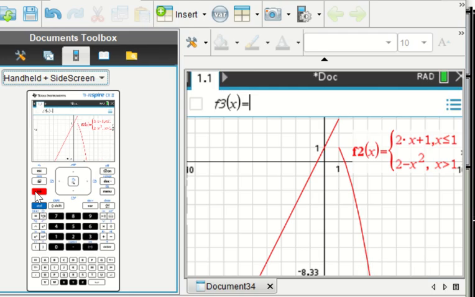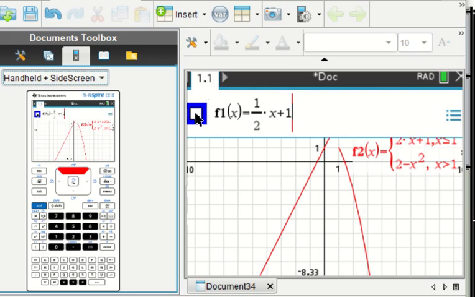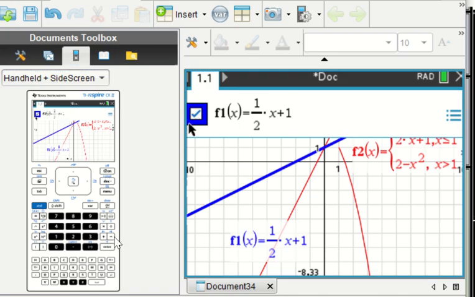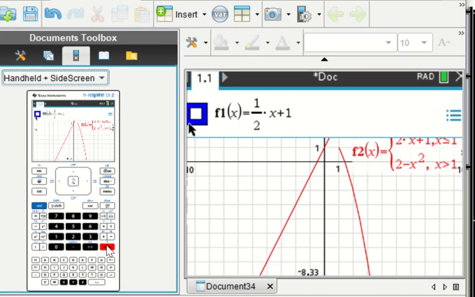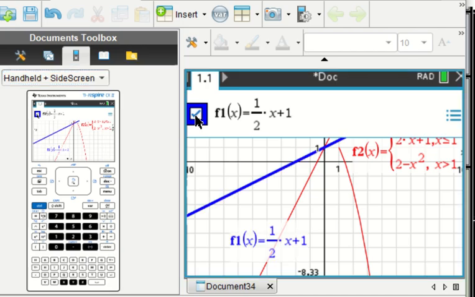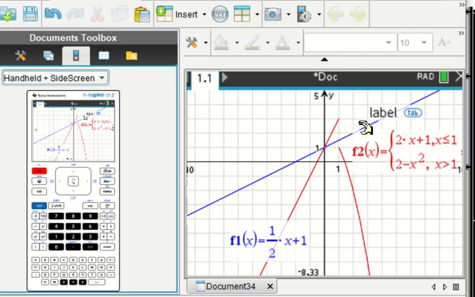So if I press tab, go back up and turn back on our original graph, notice that that graph does not touch our piecewise function here. So the only place these graphs meet is at the point 0, 1.